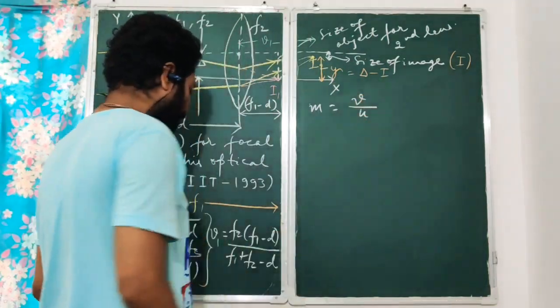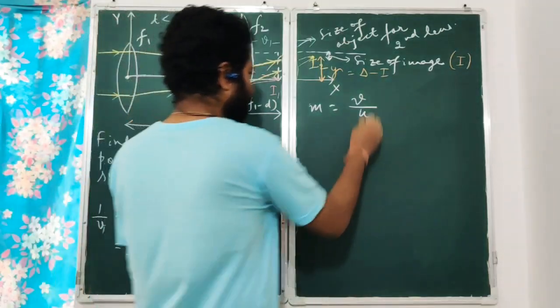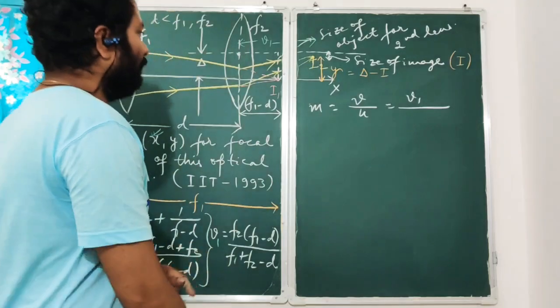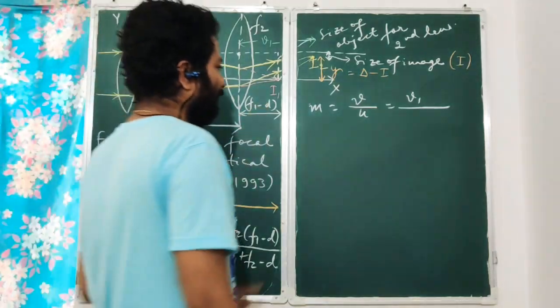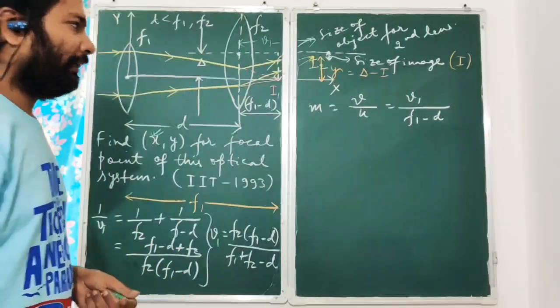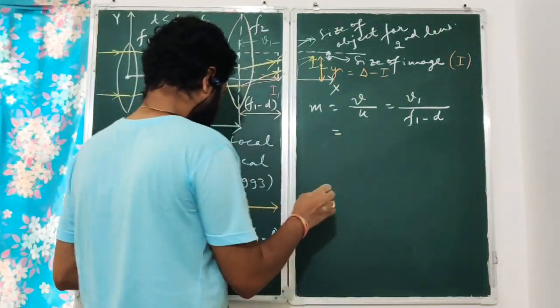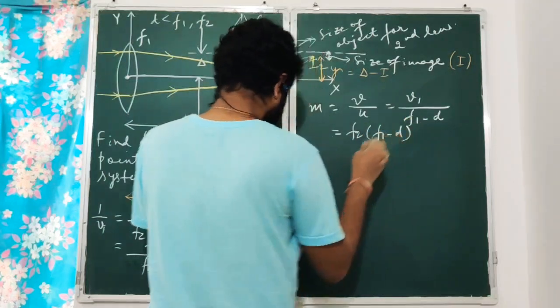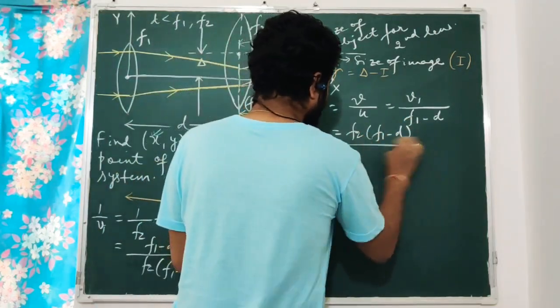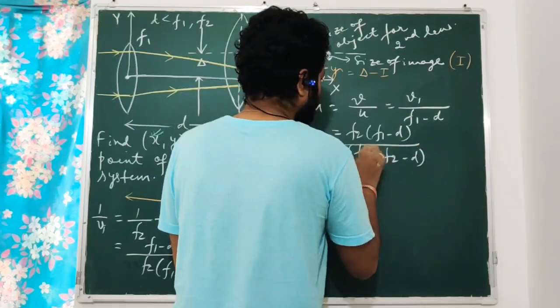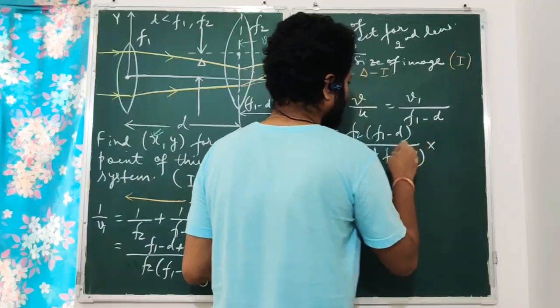V is actually your V1, so this will become V1 by U. What is U? U is F1 minus D. So we write F1 minus D. And V1 is F2 into (F1 minus D) by (F1 plus F2 minus D), whole divided by (F1 minus D).